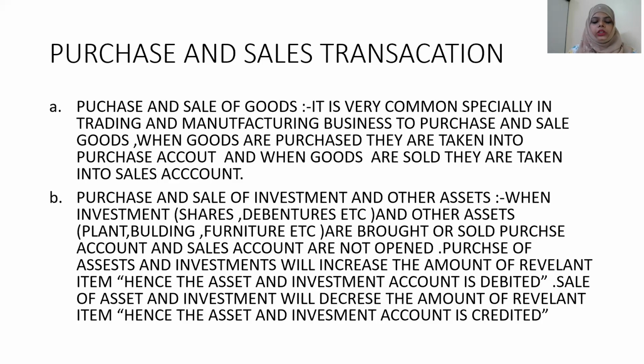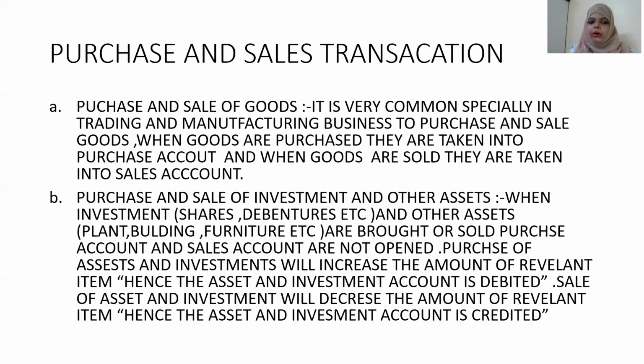Purchase of assets and investment will increase the amount of the relevant item. Hence, the asset and investment account is to be debited. So whenever there is a purchase of a particular investment or an asset, it will increase the amount of the relevant asset. Suppose I'm purchasing furniture, it will increase my furniture in the business.